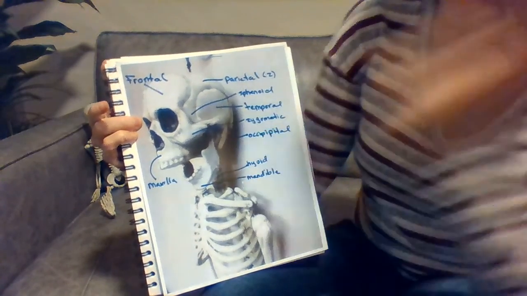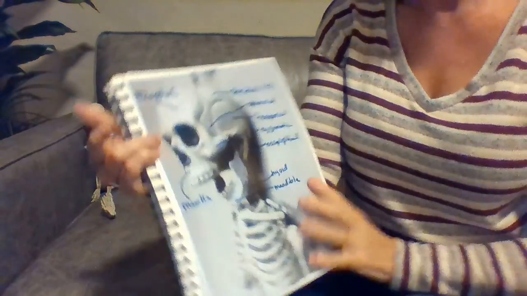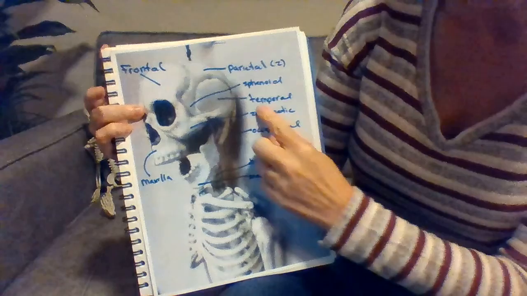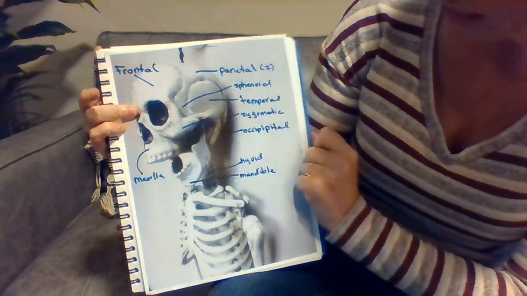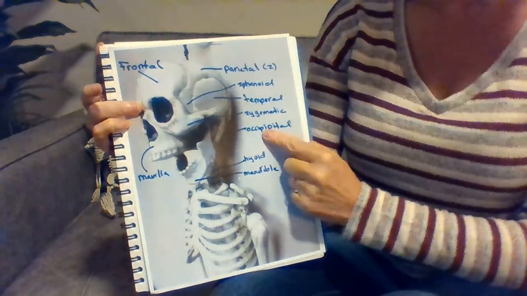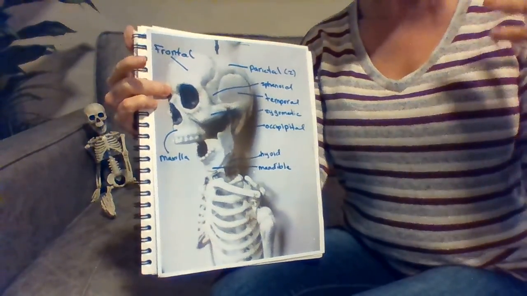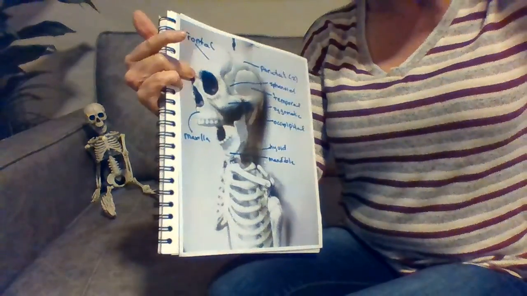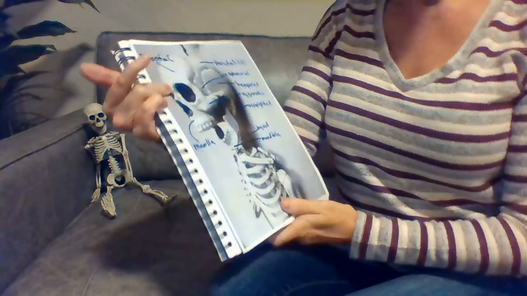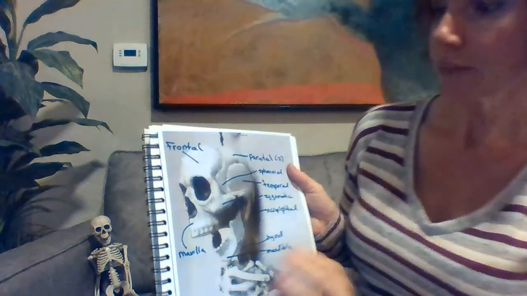And then you also have your cheekbones, which are the zygomatic bones. And then your occipital bone, and that's actually located at the base of your skull, and it kind of cradles it.